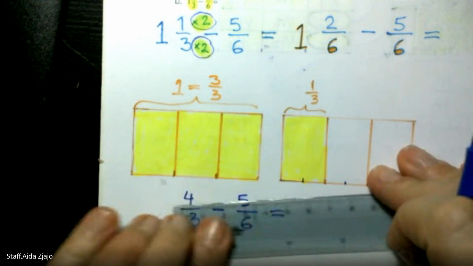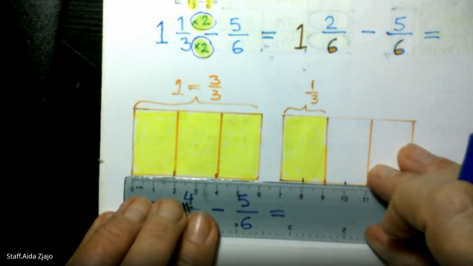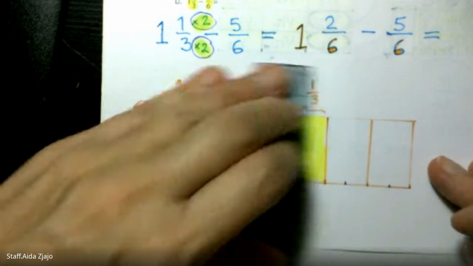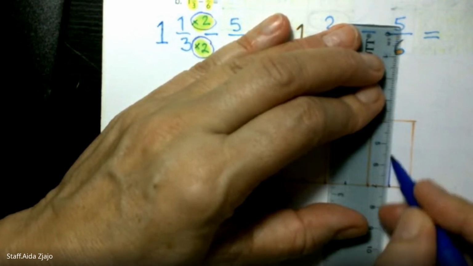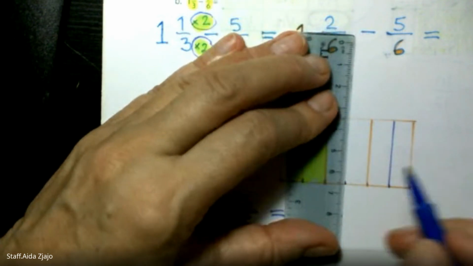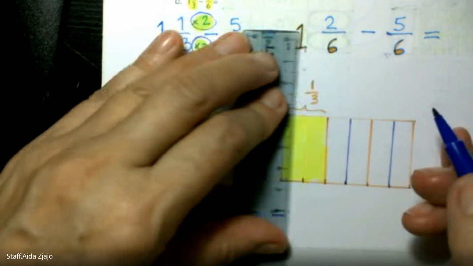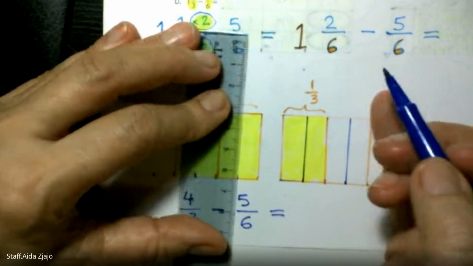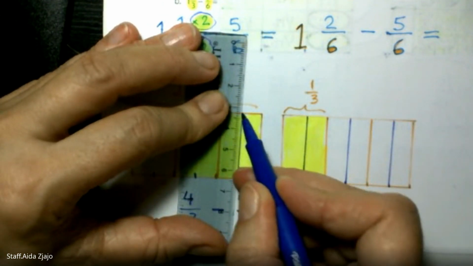Then I will create the sixths. And also the whole, I'm going to cut, and now I have each part that is the size of 1/6.